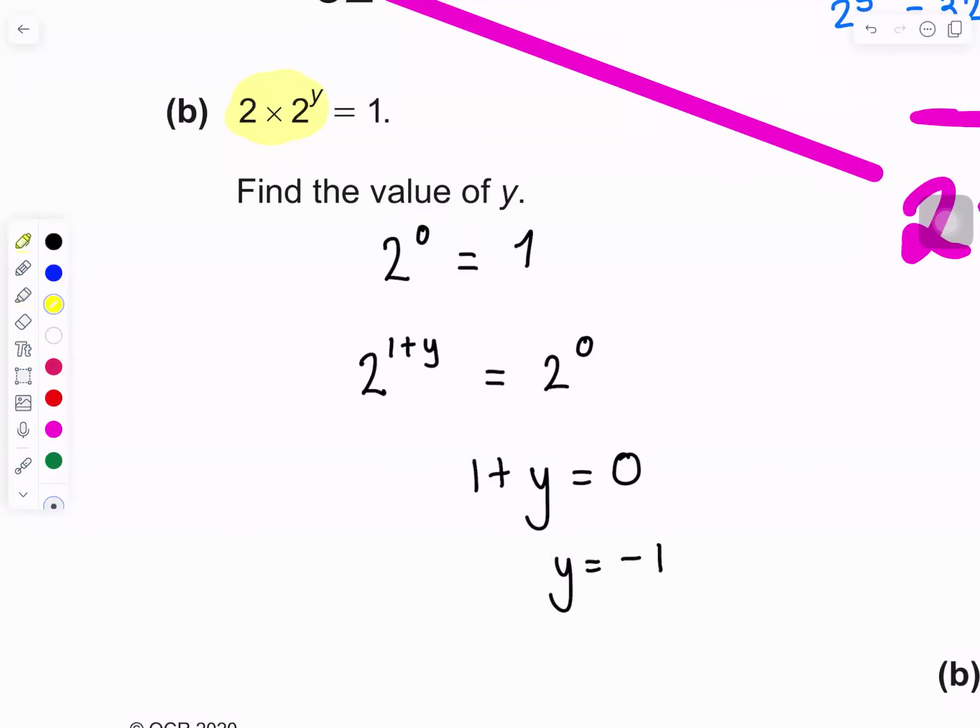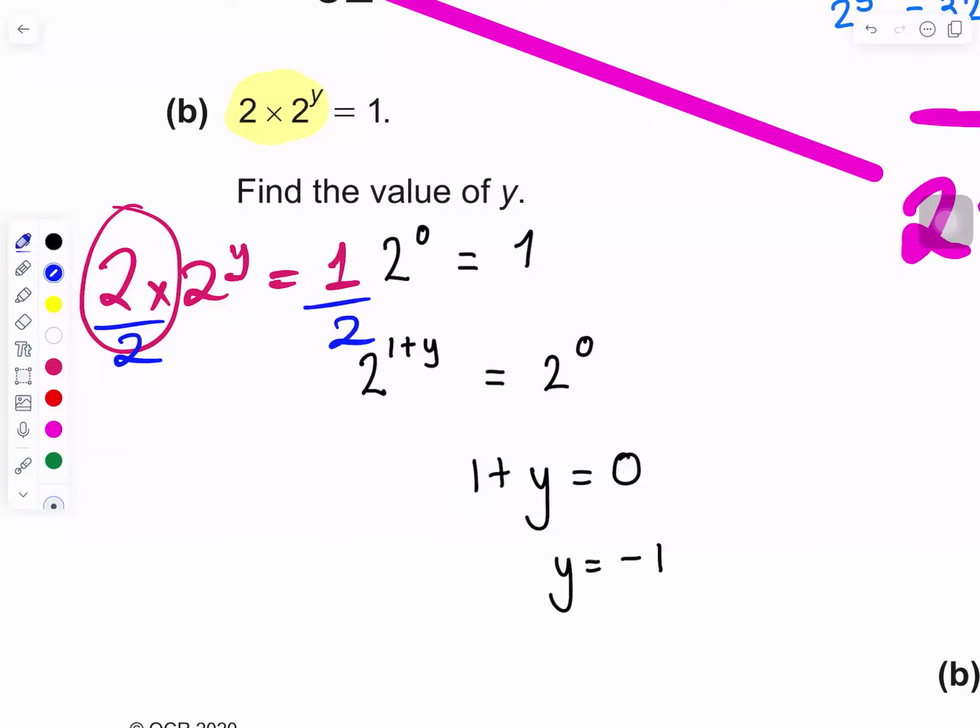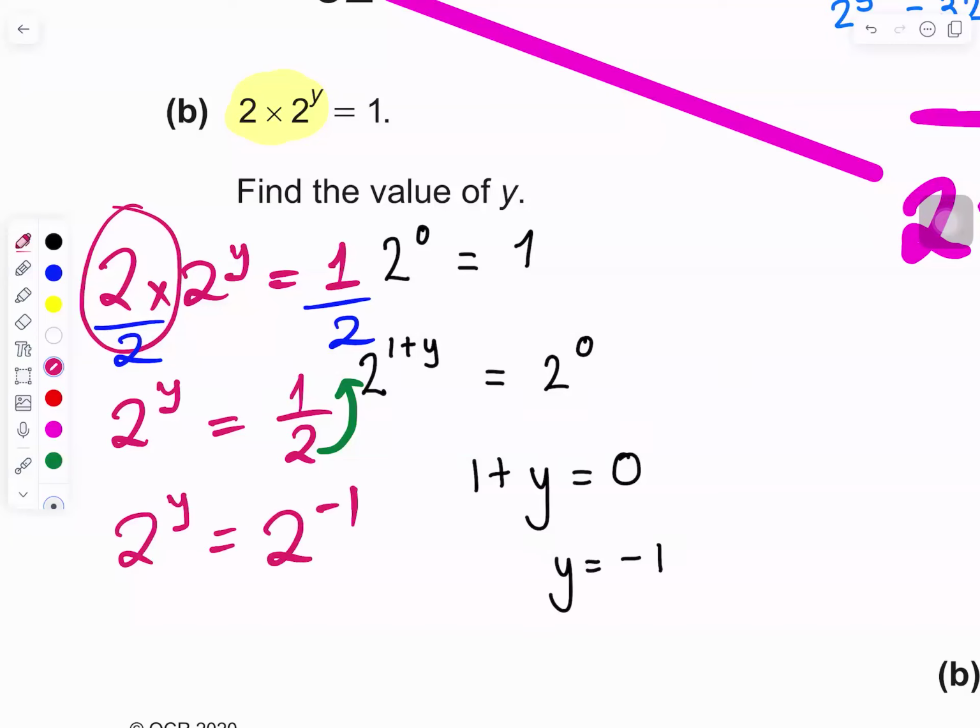So I'll write it here again and go slowly so you can figure it. 2 times 2 to the y is equal to 1. What's the opposite of times 2? Divide. So you divide by 2 on the left and divide by 2 on the right. So you have 2 to the y is equal to 1/2. 1/2, if you take the 2 up, it will become 2 to the minus 1, because 1/2 is like 1/2 to the power 1.